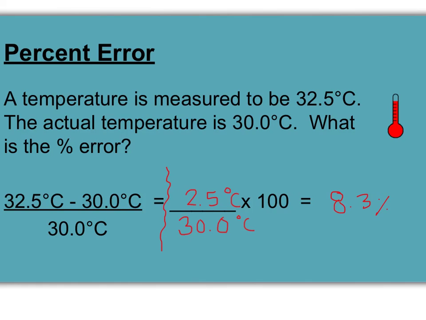The reason being is that this 2.5 only has 2 significant digits, the 30 has 3 significant digits, and the 100 actually has an infinite number of significant digits because it's not a measured value, it's an absolute value that gives us percentage. So you want to round your final answer to two significant digits, giving you 8.3%.